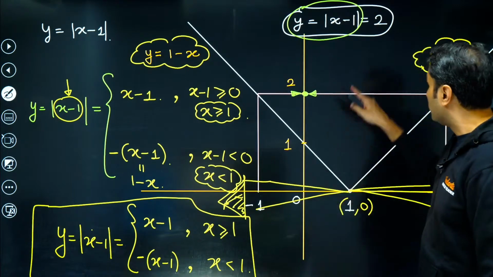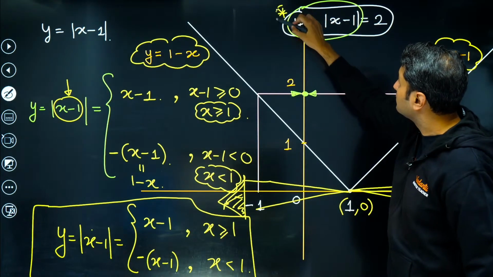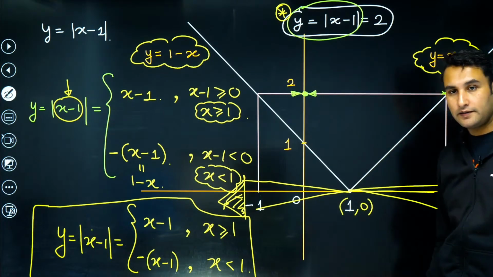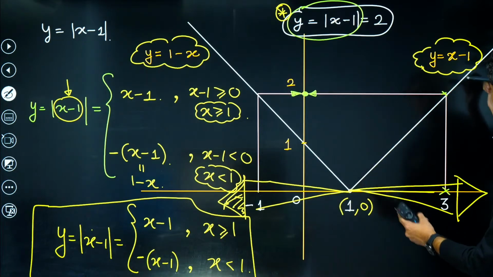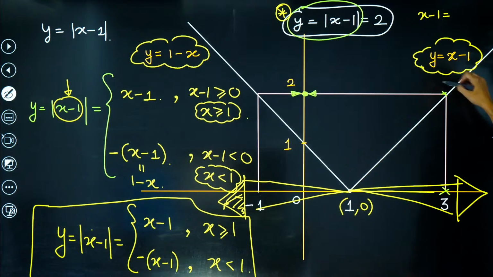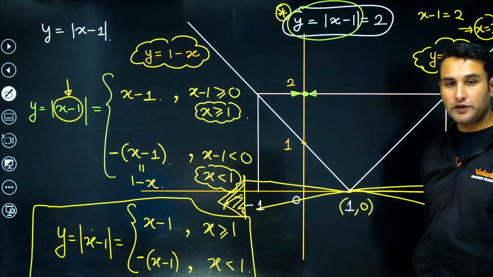Alright? Now the question was, where did we start from? Modulus of x minus 1 is equal to 2. Right? So for this side of the graph, when y is 2, do you realize x comes out to be 3? So when x is 3, y is coming out to be 2.